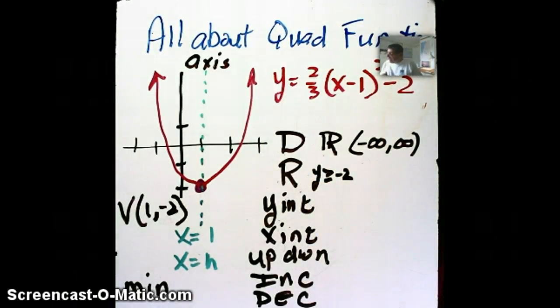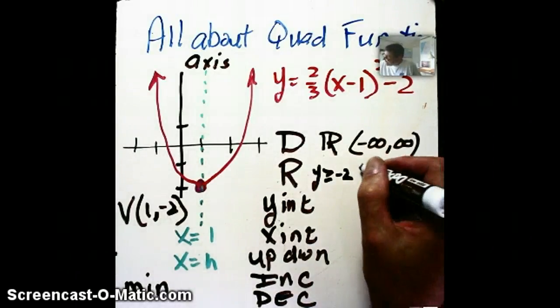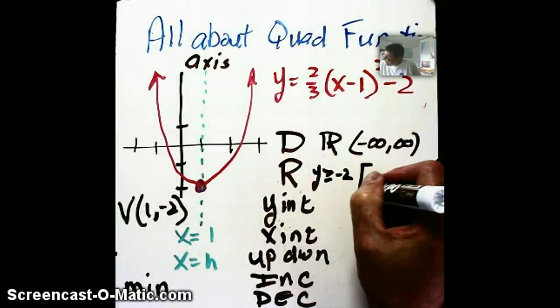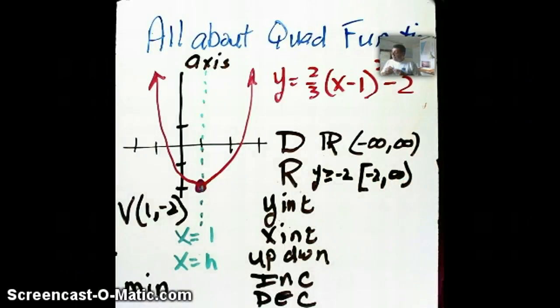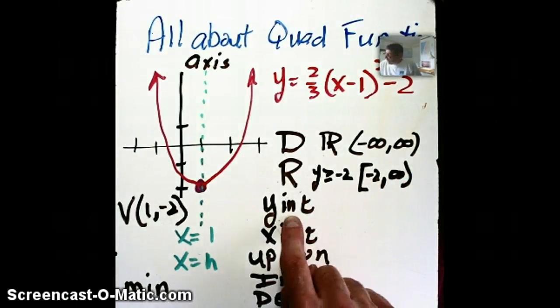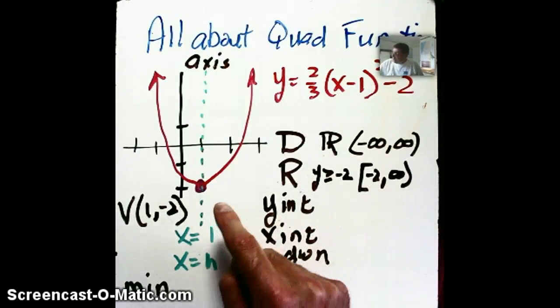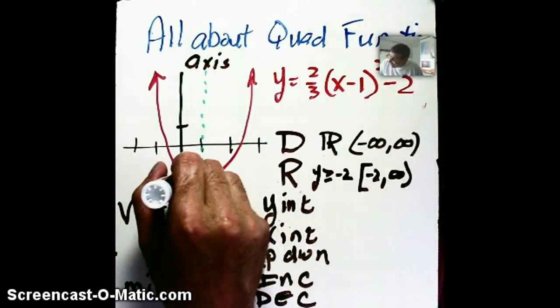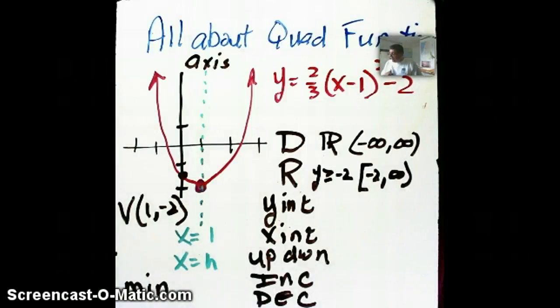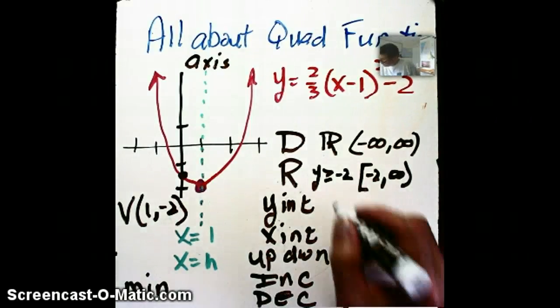Can I write that in interval notation? Yes, it can be negative 2, and it goes to infinity. So that's important to keep in mind. Now, another thing would be the y-intercept. Give me the location where it crosses the y line at. Well, if we notice in the picture, the x is going to be 0 there.